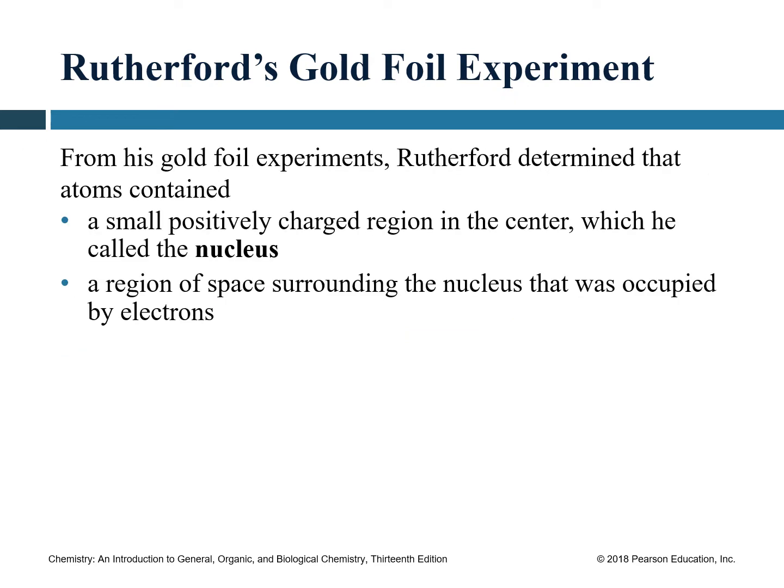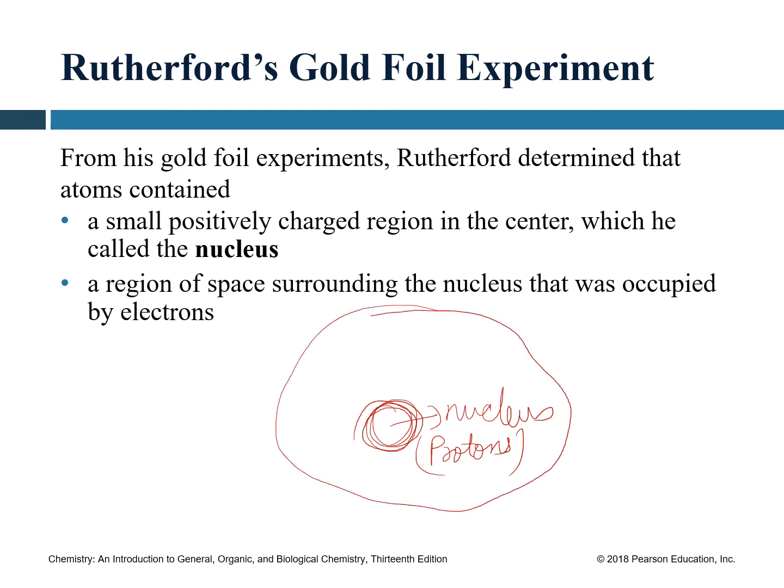So based on his experiment, he concluded that an atom consists of a very dense center, which he called the nucleus, consisting of the positively charged particles, which are protons, and the outside space surrounding the nucleus is occupied by electrons, which are negatively charged.